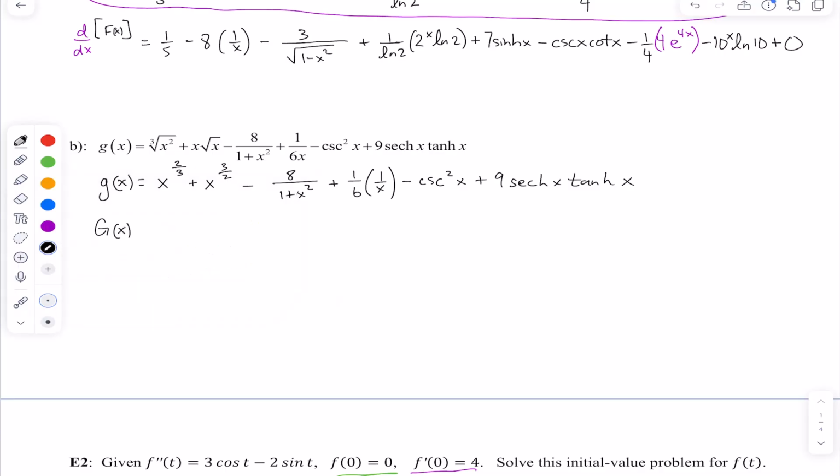Looking for the family of antiderivatives. So we'll do this one function at a time.